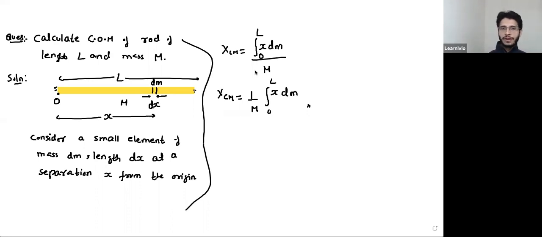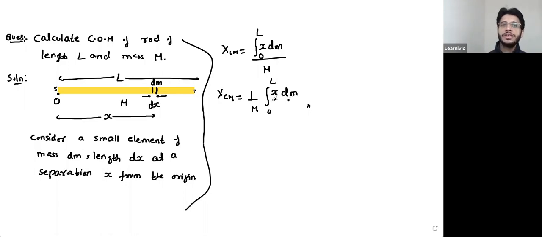Can you identify what's the problem with this particular integral? There is one major issue with this integral. It's because in an integration, you cannot have two variables. This one is x and another is dm.